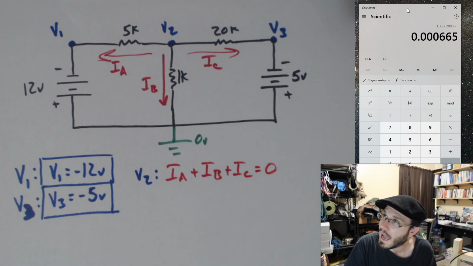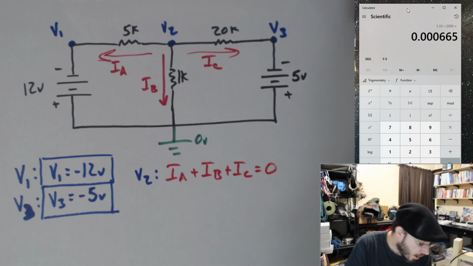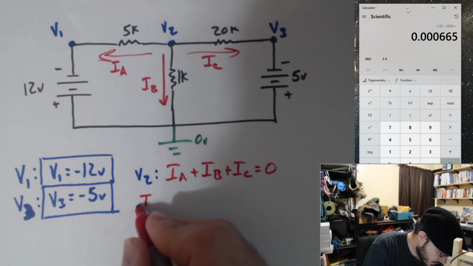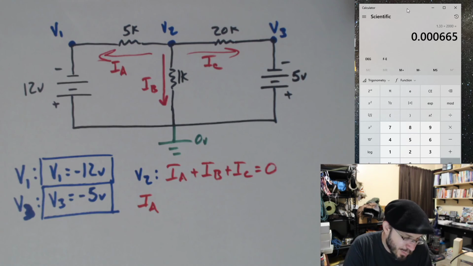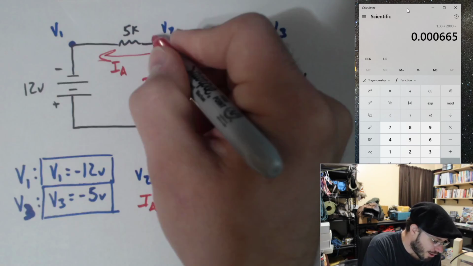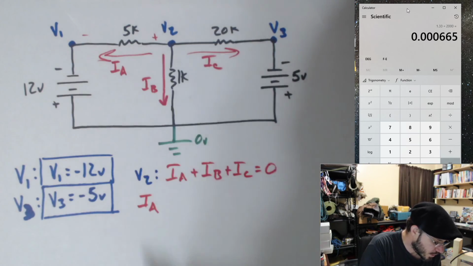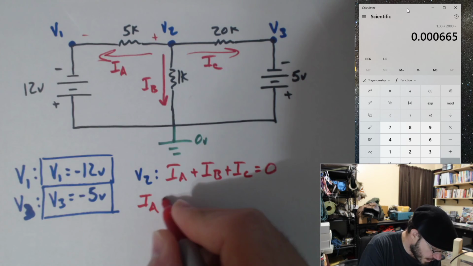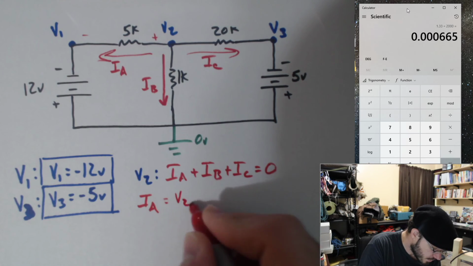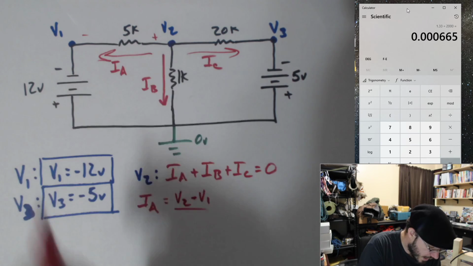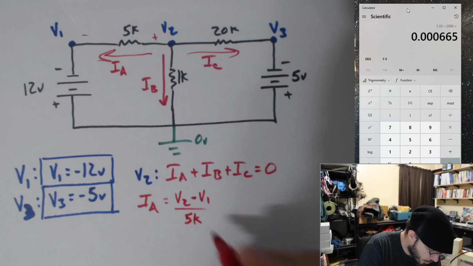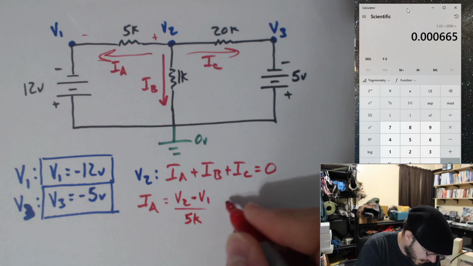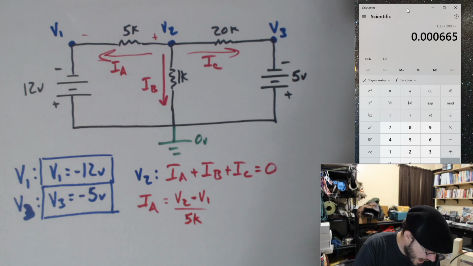Now let's write out what IA, IB, and IC are. IA, again, I will use my current to help me out. Goes from a higher voltage to a lower voltage. Plus V2 minus V1, all divided by 5K, invoking Ohm's law, and that gets us IA.